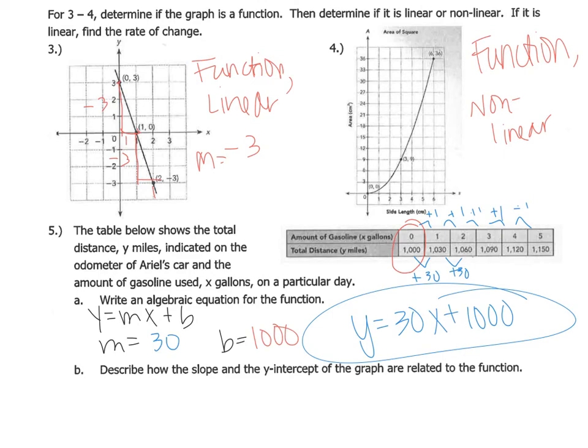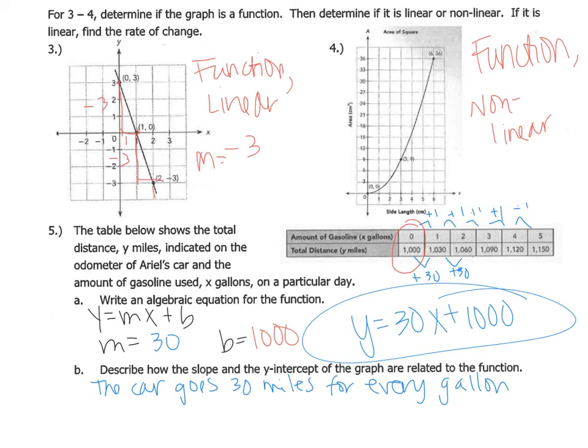Describe how the slope and the y-intercept are related to the function. Let's start with the slope. The slope is the car gets 30 miles for every gallon. And then we're going to look at the y-intercept.